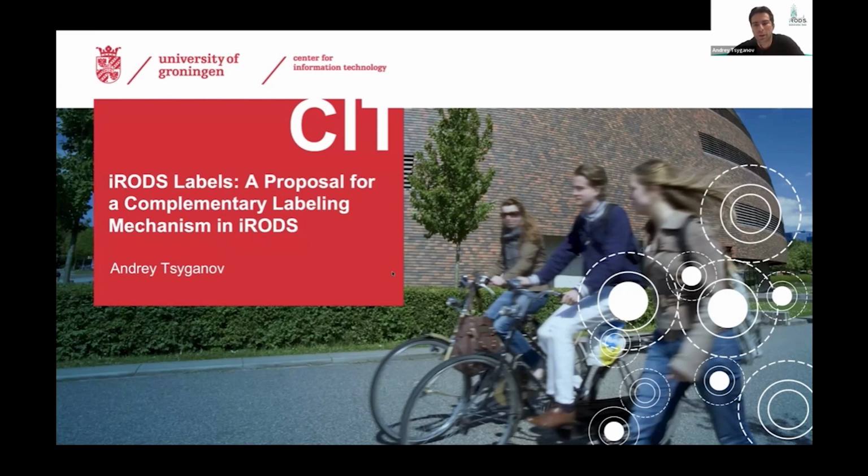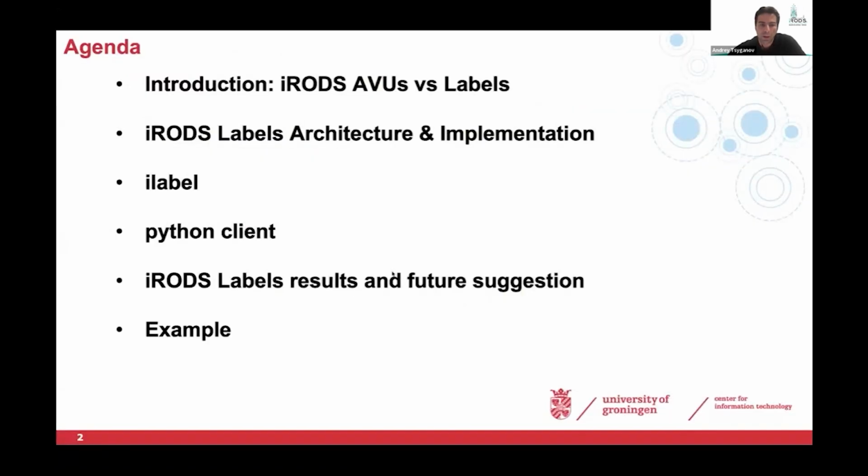I'm a member of the RDMS team in Groningen, and we are developing this Research Data Management System on top of iRODS. Today I will present a proposal for an improvement within the iRODS core that might really help solve existing metadata complexity issues in iRODS.